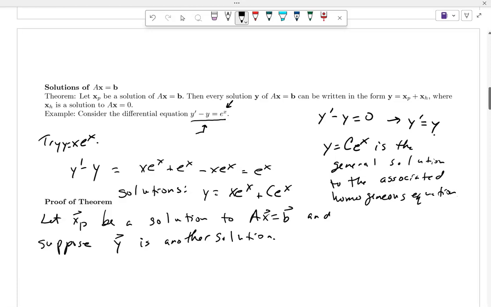Subtract them, right? Just subtract them, correct? Okay? So then if I do A times y minus x sub p, what can I do with the A? Distribute it.